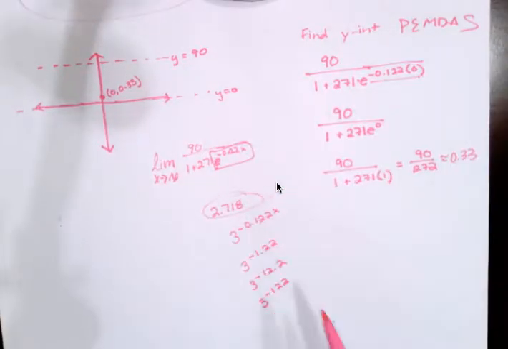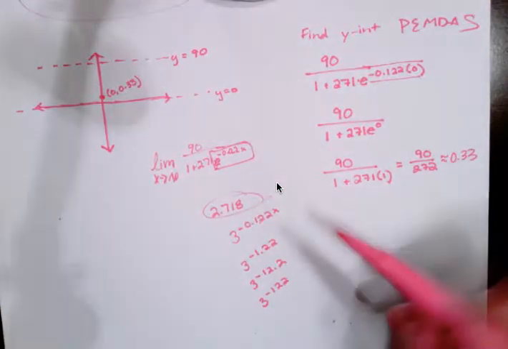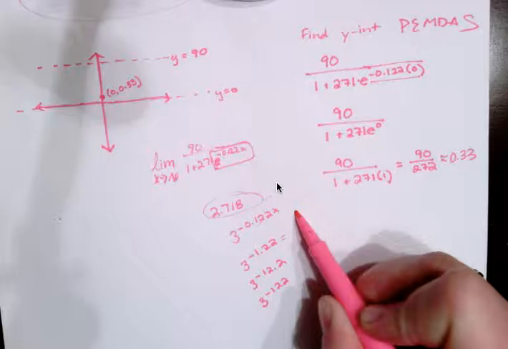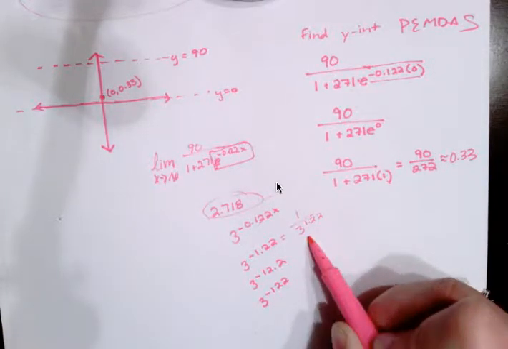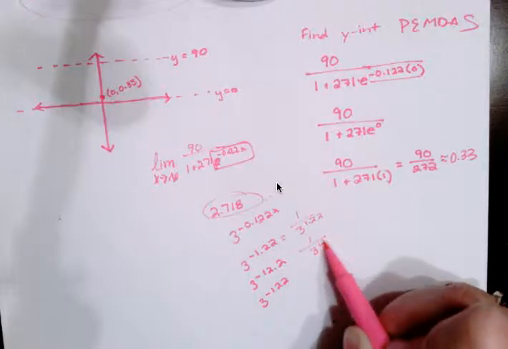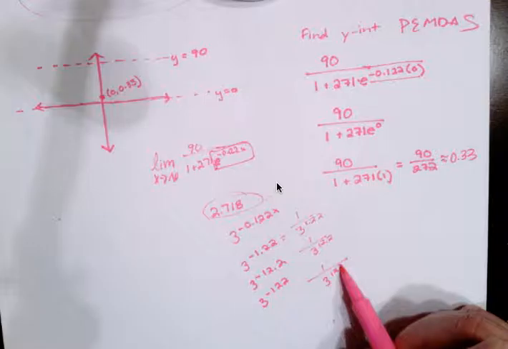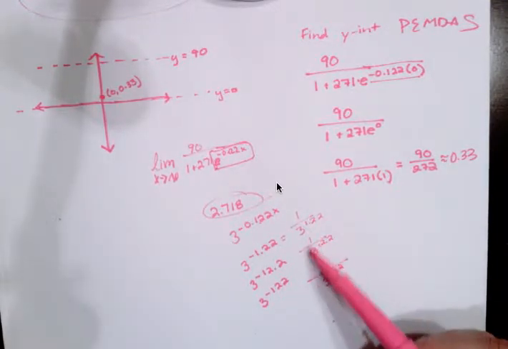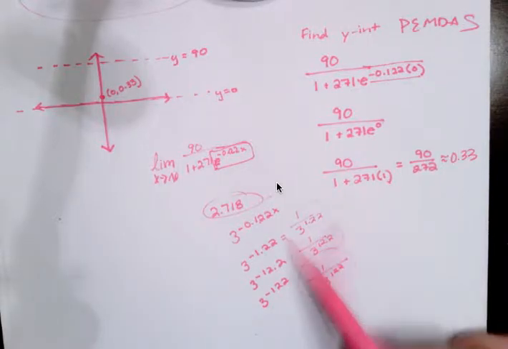I'm just zooming into this part, thinking, what's happening as x gets really big? This is the same as 1 over 3 to the 1.22, 1 over 3 to the 12.2, 1 over 3 to the 122. So as x gets really big, these are getting really, really small.